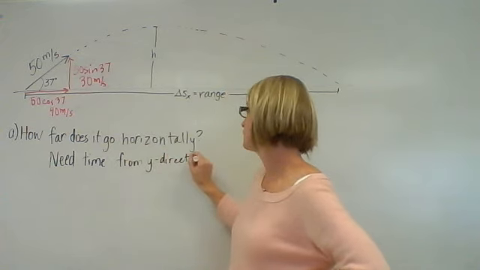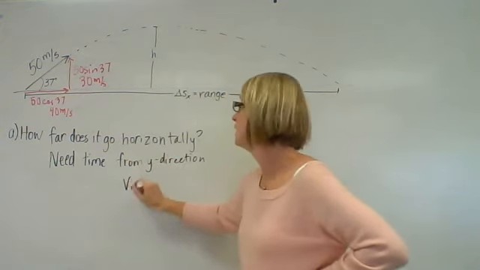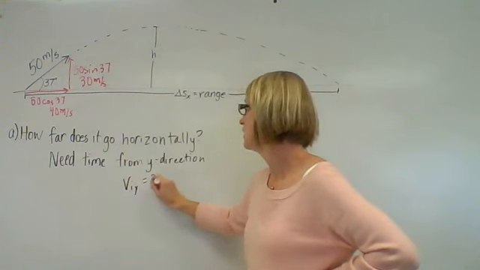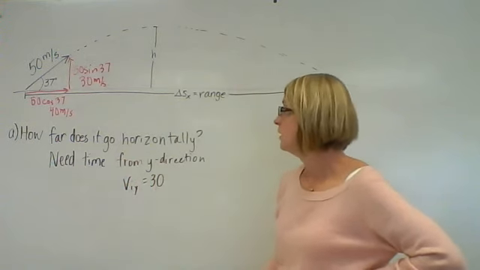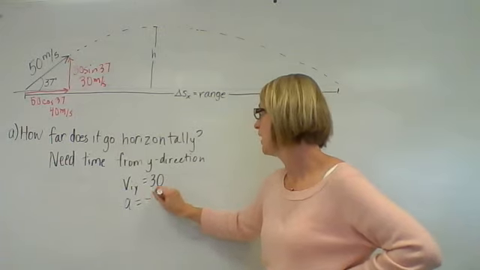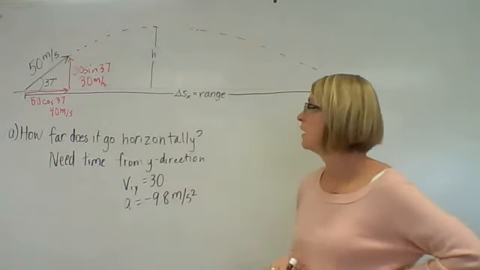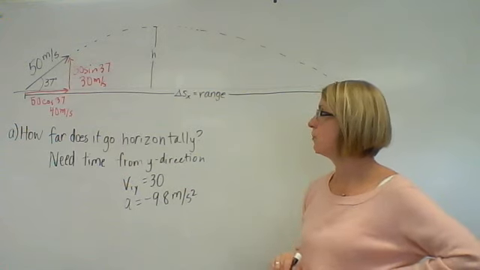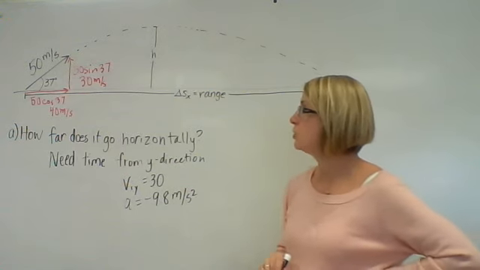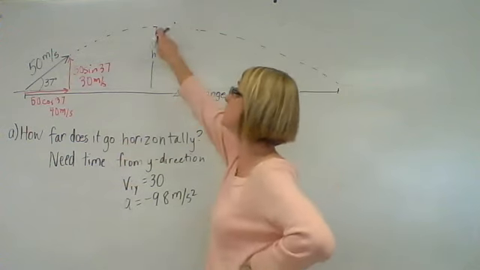So, we know, again, that the initial velocity in the y direction is 30. We know that it's accelerating downward at 9.8 meters per second squared. And we're looking for time. Now, we could do this in a couple of ways. One of the things that we could do is exactly what we said before.